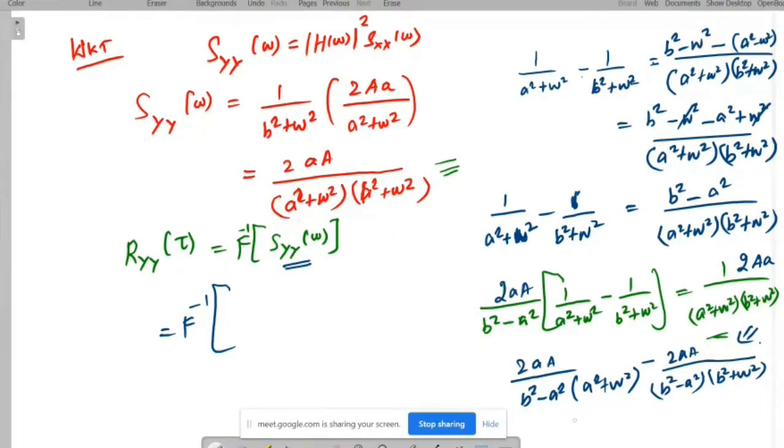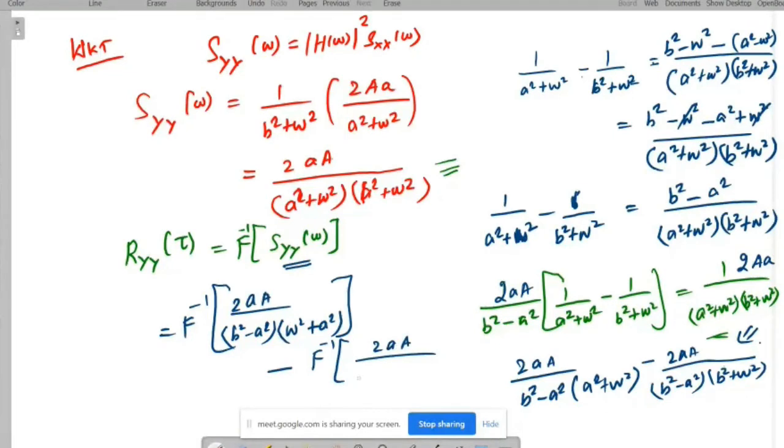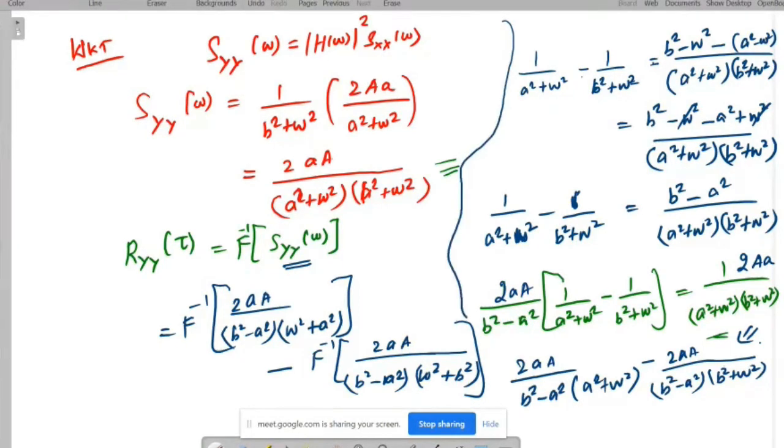So this is the meaning of linearity, right? For that I am going to take 2a capital A over b square minus a square, F inverse of 1 by a square plus omega square, minus, I have put minus here, F inverse of 2a capital A over b square minus a square, 1 by b square plus omega square, right? So I have written like this.